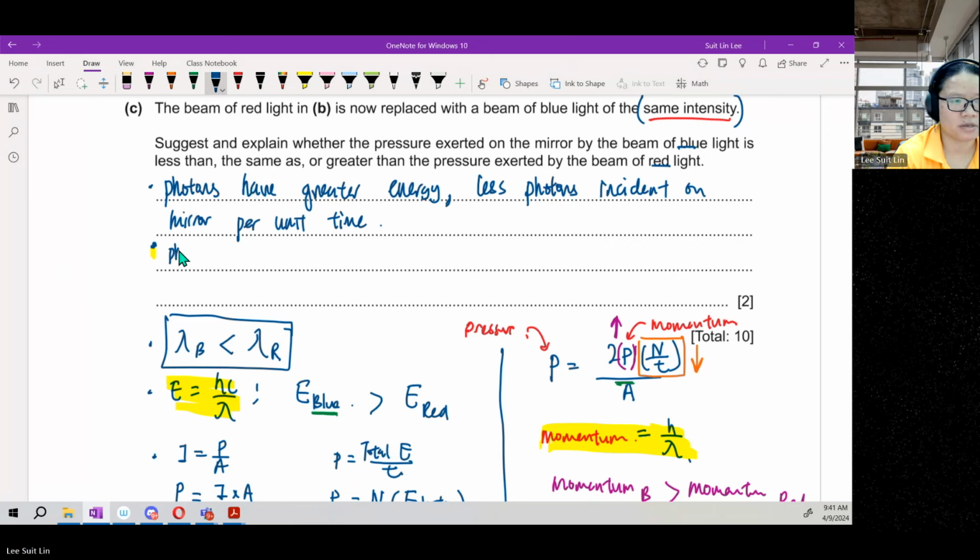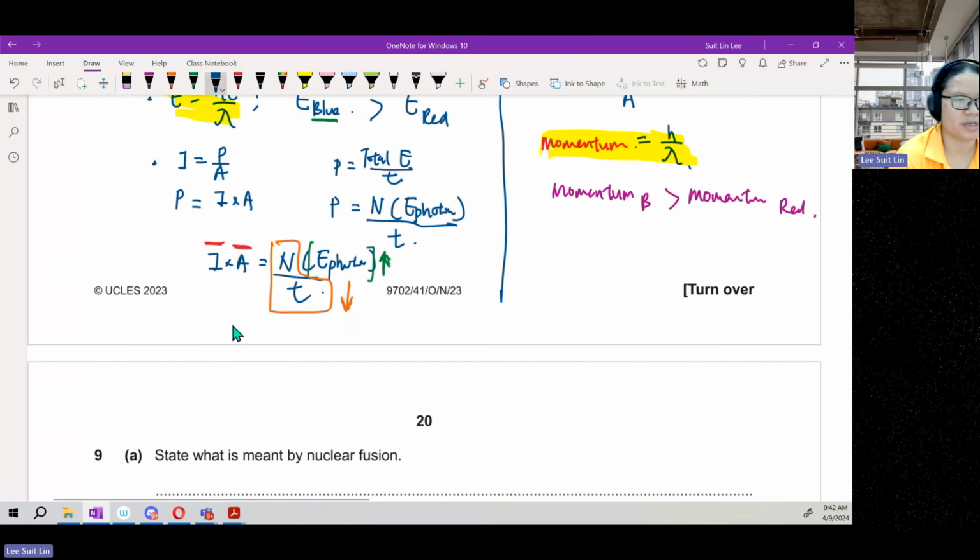But the photons also have greater momentum, since momentum is equal to h over lambda. I can rearrange this but really it's not needed.